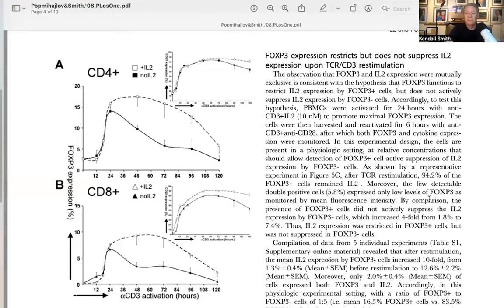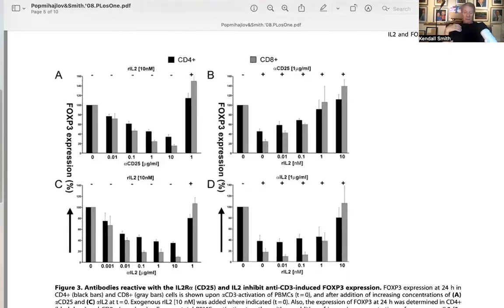So then if you move on to figure 3, can you show any difference in terms of what happens if you try to compete away the IL-2 receptor interaction? And so here's an experiment. What we're looking at here is FOXP3 expression without any interleukin-2 in the medium.